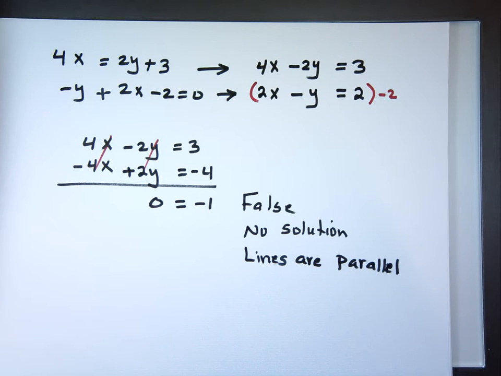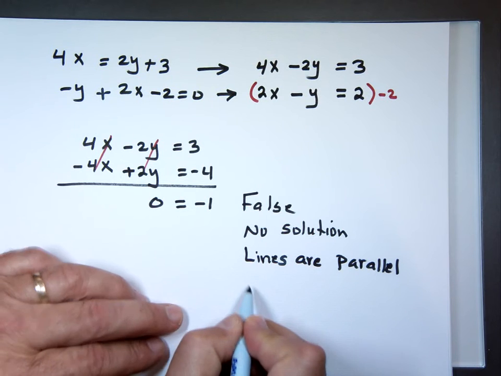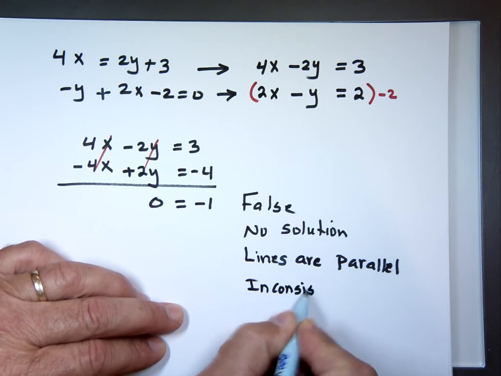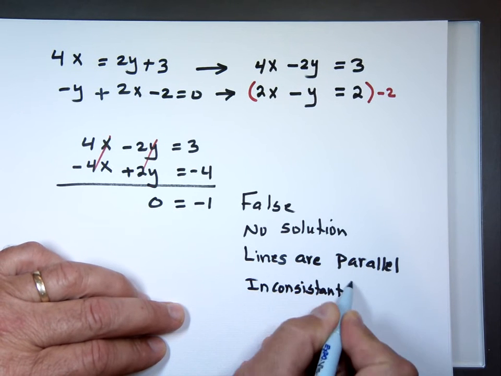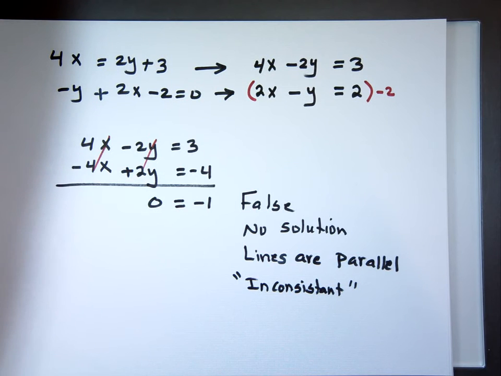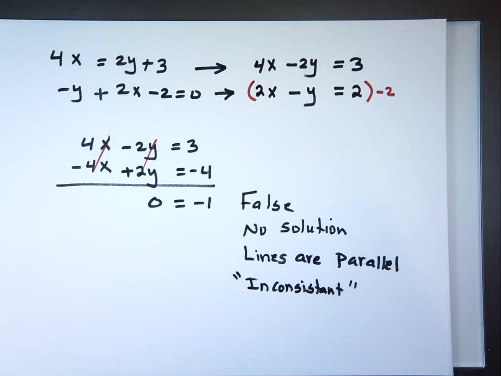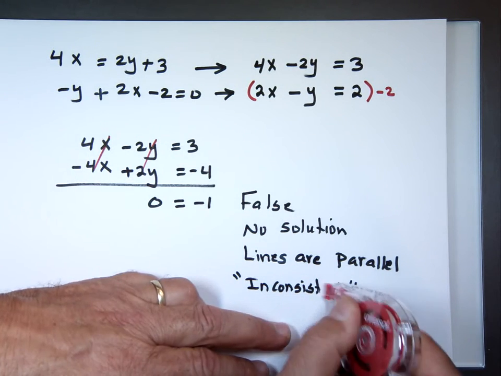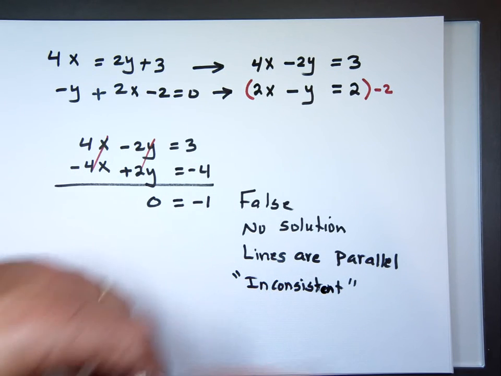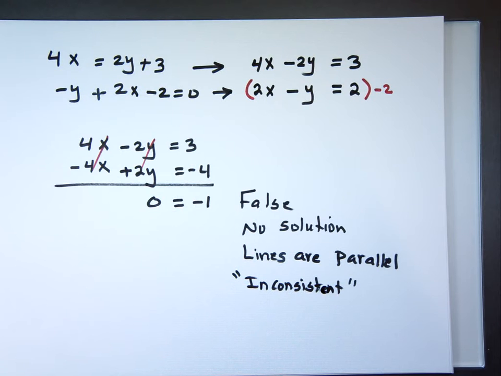We also call them what? Inconsistent, like last time. Inconsistent when the lines are parallel. That looks like an A, but it's an E. Inconsistent. False statement.